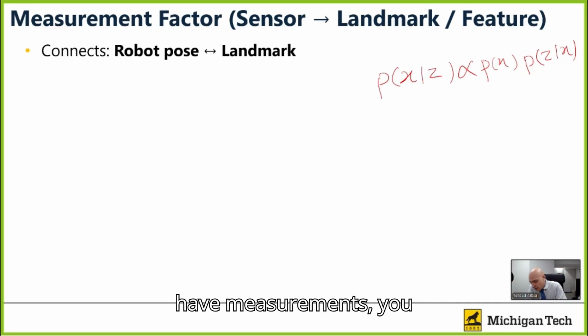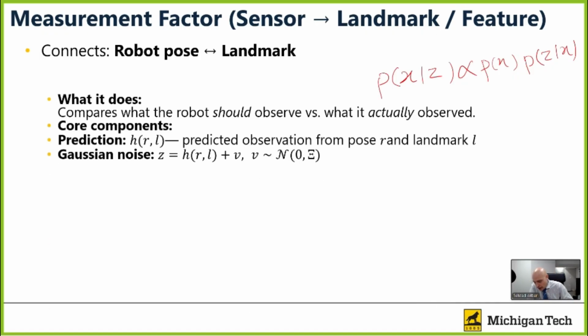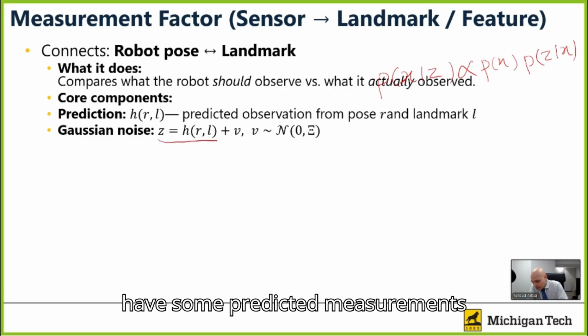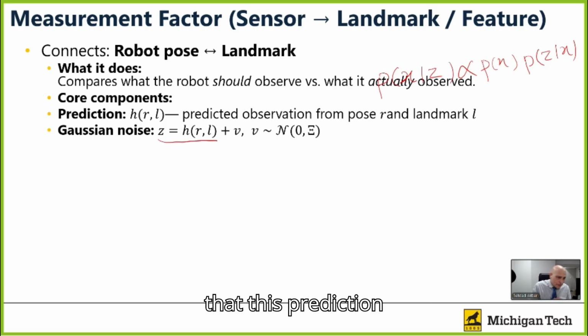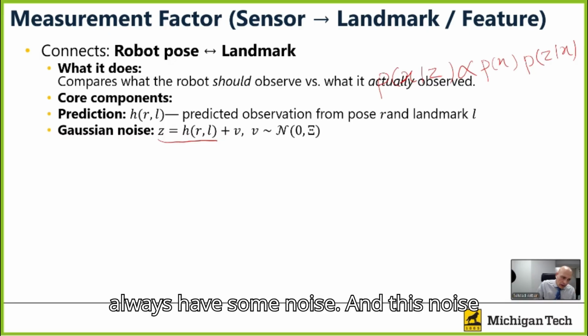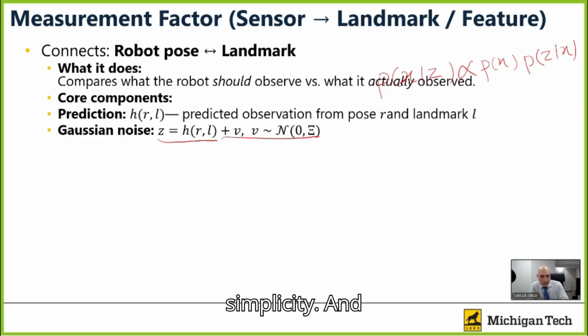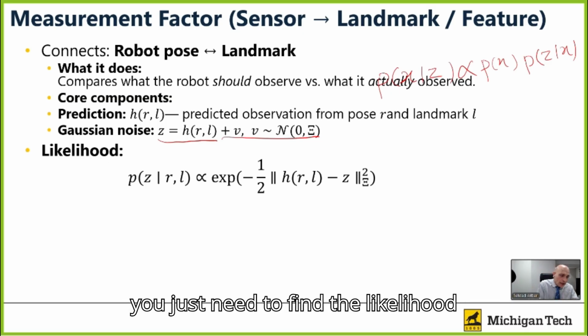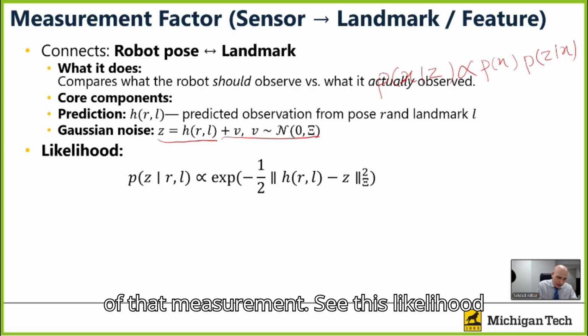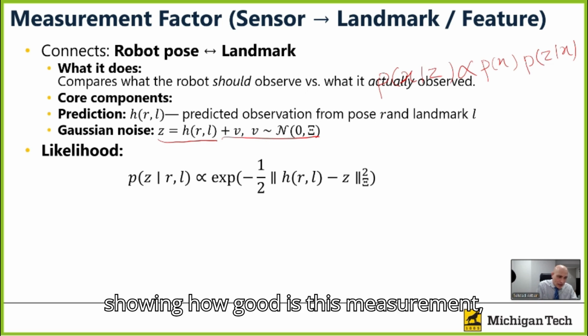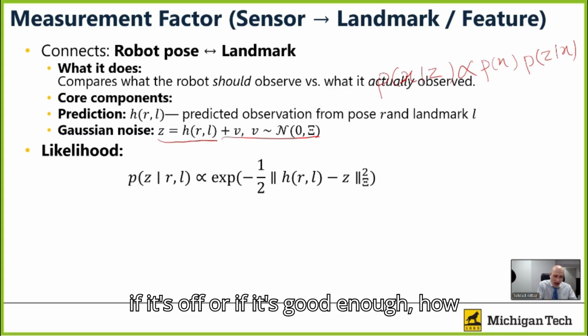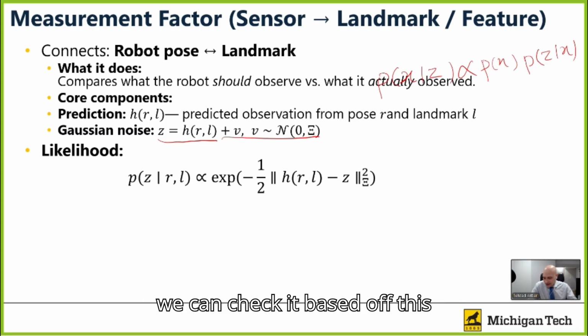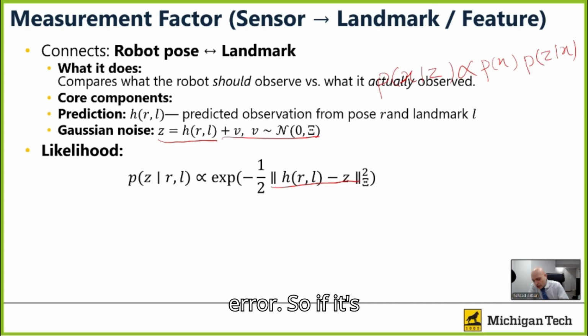So when you have measurements, you have some predicted measurements, and this prediction always has some noise, and this noise is considered Gaussian most of the time for simplicity. And when you read a measurement from the sensor, you just need to find the likelihood of that measurement. This likelihood shows how good the measurement is, if it's off or if it's good enough, and we can check it based on this error.